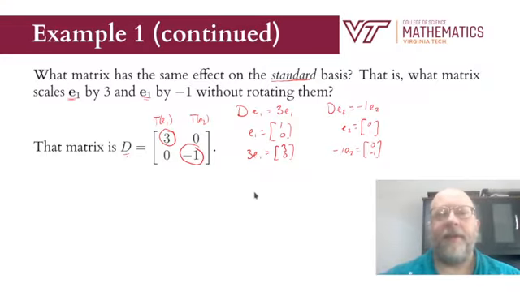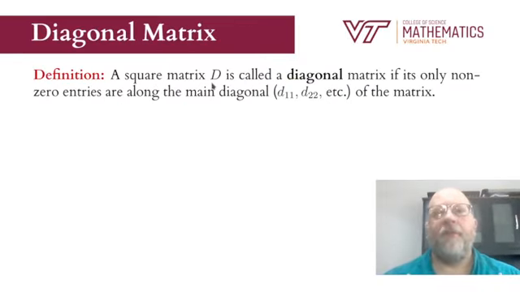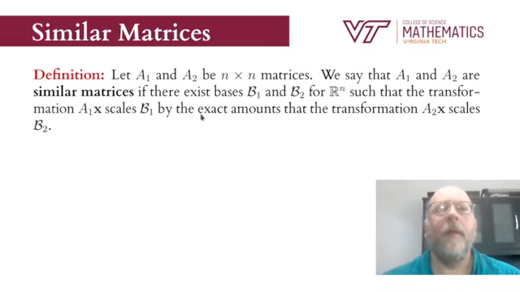I'll define that on the next slide, but I think it's a pretty straightforward definition. A square matrix is called a diagonal matrix if its only non-zero entries are along the main diagonal of the matrix, D11, D22, and so on and so forth.